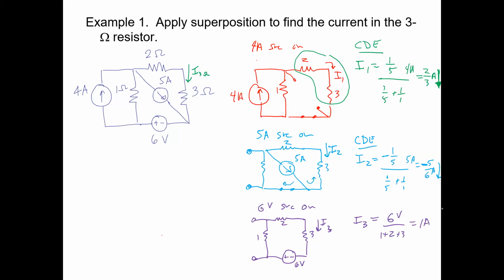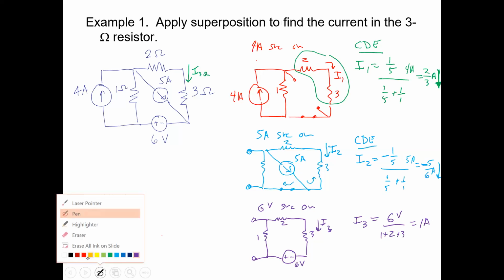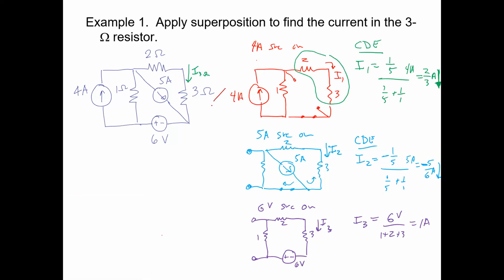And so therefore, we've got all these 3 different things. Let's go to one final color here, maybe maroon. Taking all this information, we can say that the total current through the 3 ohm resistor, in other words, the I3 ohms that we're trying to find, is going to equal the sum of all 3 of those things.